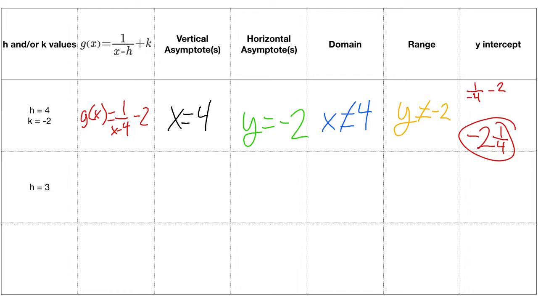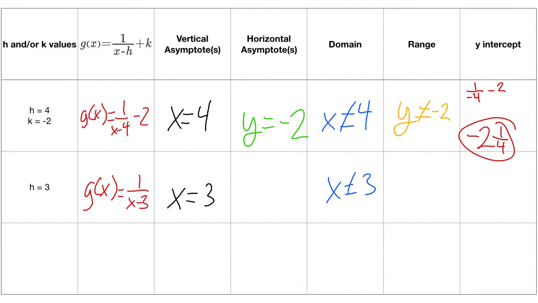H is 3. So in this case, we have an h value, meaning g of x equals 1 over x minus 3, meaning my vertical asymptote would be x equals 3, and of course my domain at that point is x does not equal 3.